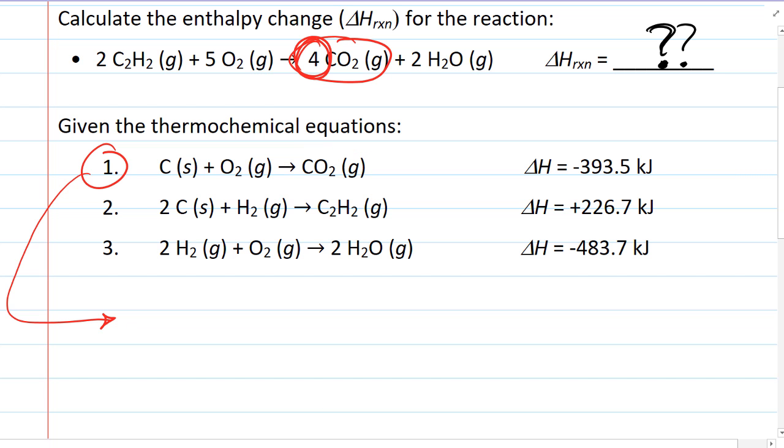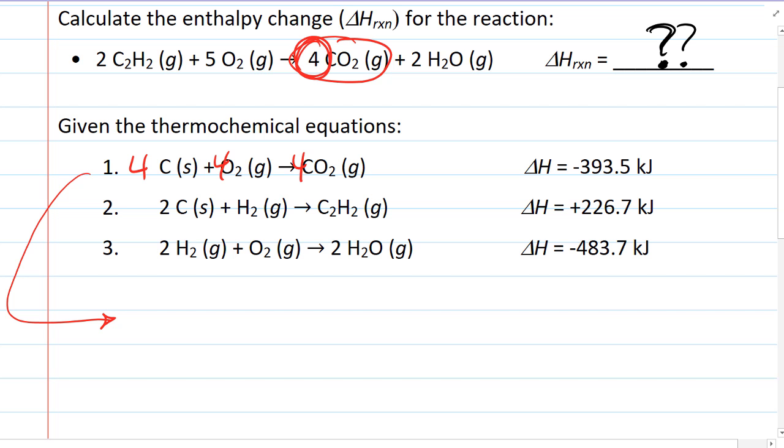So if we want these two equations to sum together, we're going to take this first equation and multiply it by a factor of 4. Let's distribute that 4 across the parentheses. We'll put a 4 here, a 4 here, and a 4 here.